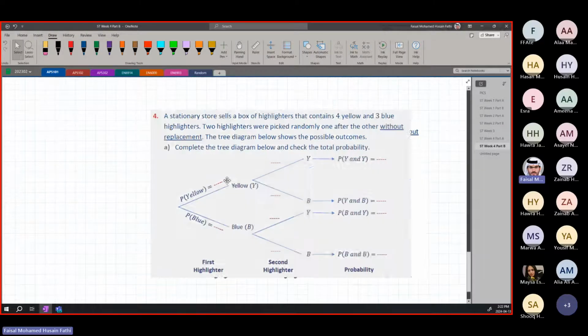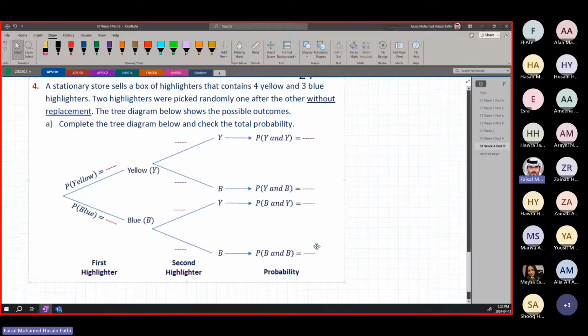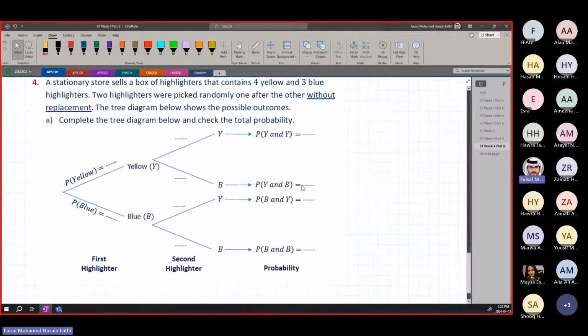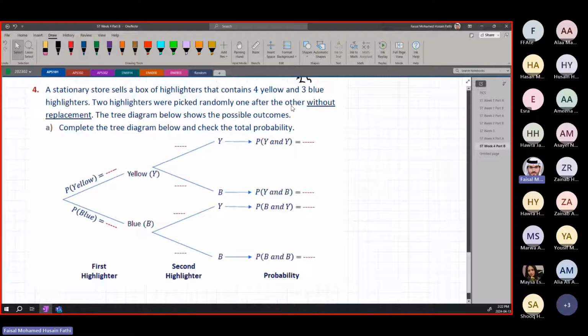So let's look at this question. A stationery store sells a box of highlighters that contain 4 yellow and 3 blue highlighters. 2 highlighters were picked randomly without replacement. As soon as you see without replacement, you know that this is a dependent event. This is dependent, so we're going to have to use conditional probability.